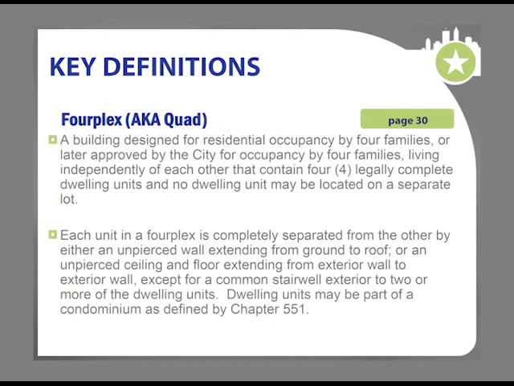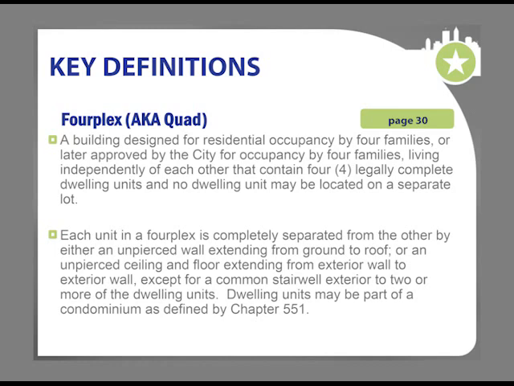The next key definition is the fourplex, also known as a quad. This one has 4 legally complete dwelling units. And again, the important distinction, no dwelling unit may be located on a separate lot. All 4 dwelling units are on a single lot.